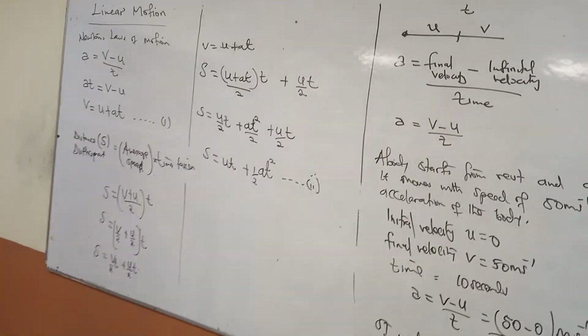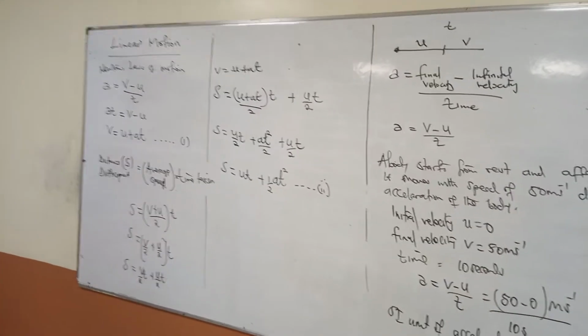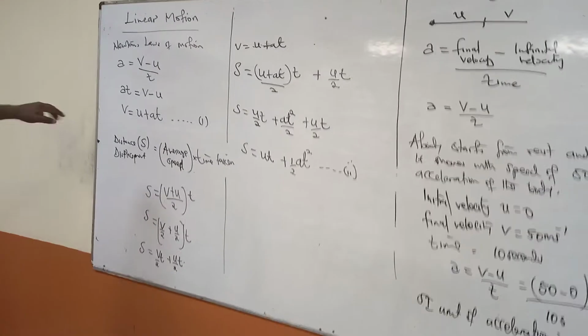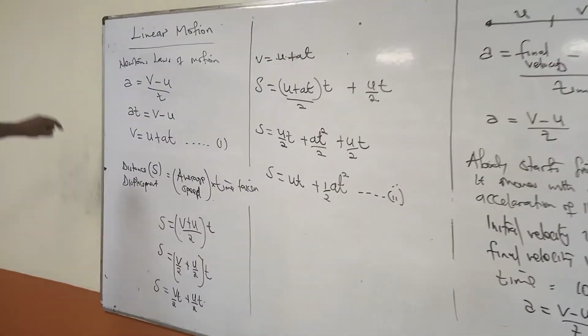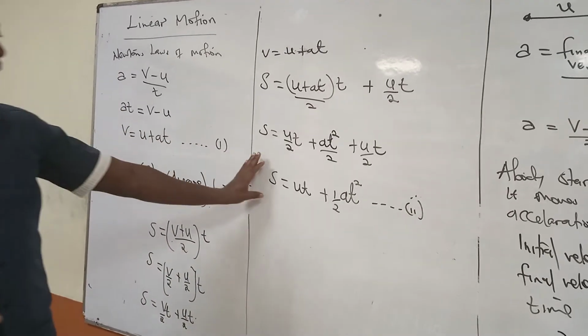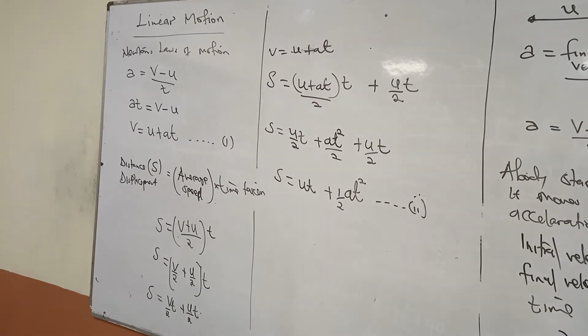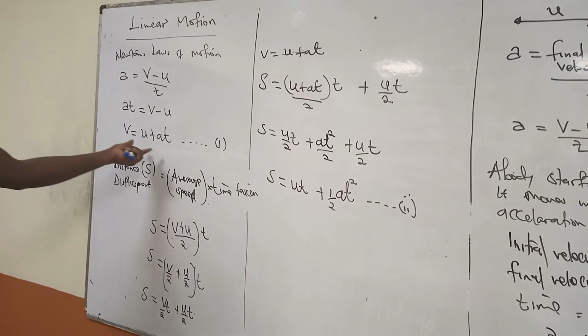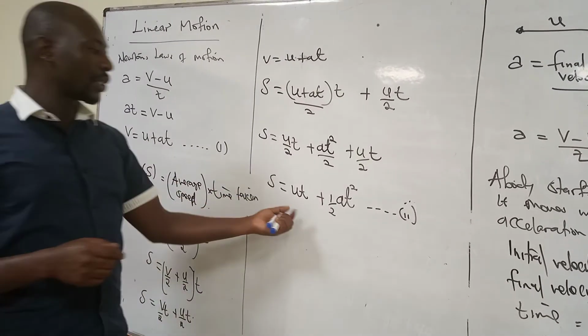So we have second law and first law as V is equal to U plus AT. The first one we've made the velocity the subject. The second one we've made the displacement the subject. So in the second one, we want to use equation 1 and substitute in equation 2.